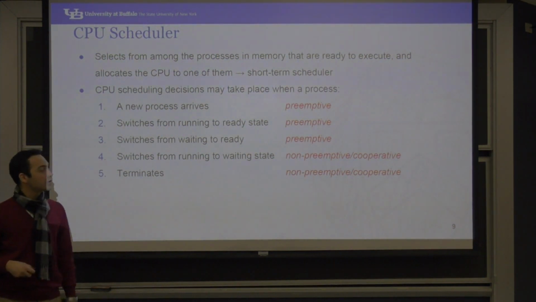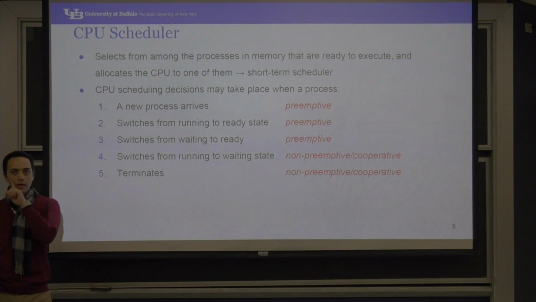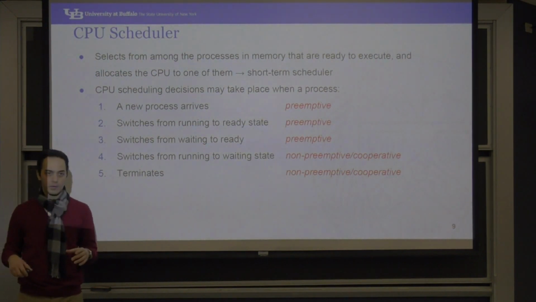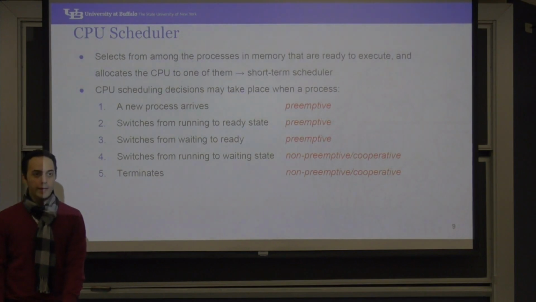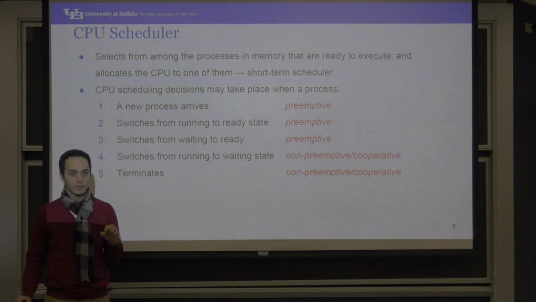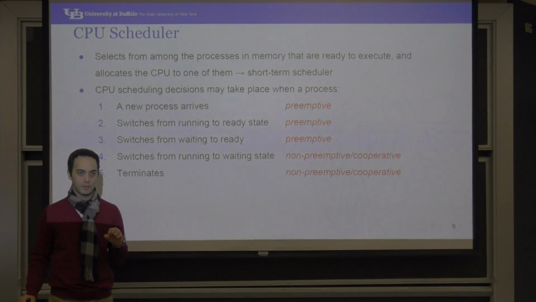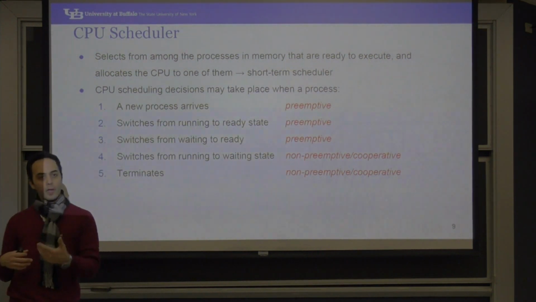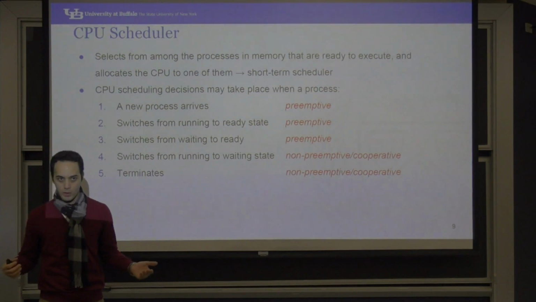Preemptive and non-preemptive is the way that the OS is treating the running process, right? If a process is running and the OS forcibly takes it out, that's called preemptive. Because you remember, the processes don't have any idea about what the OS does.